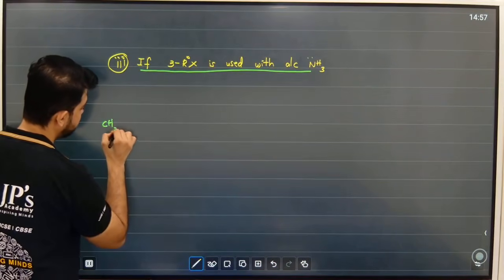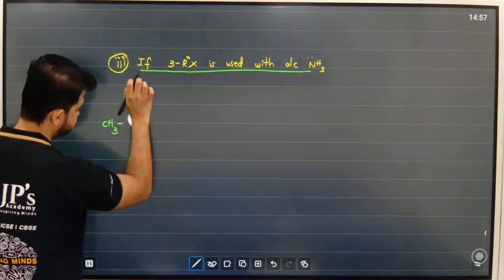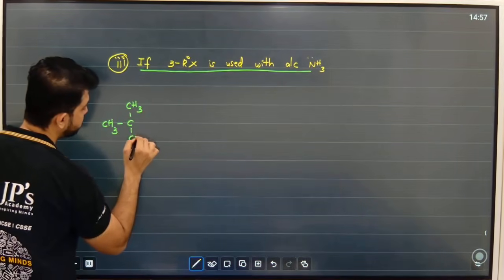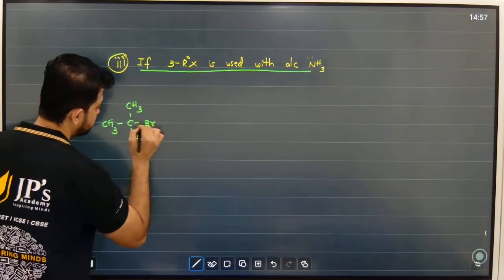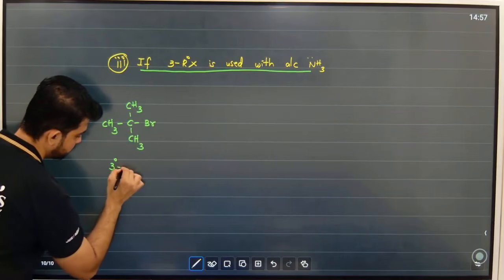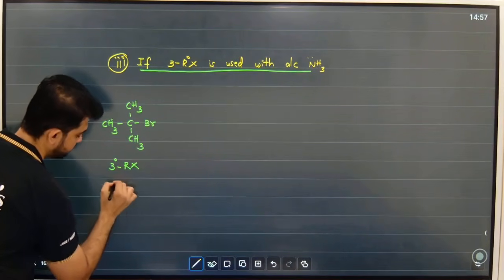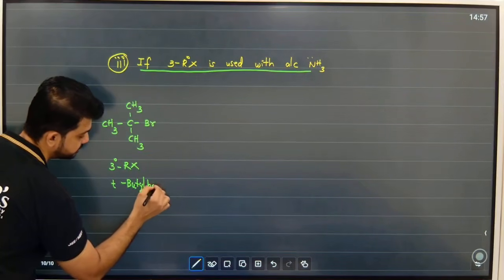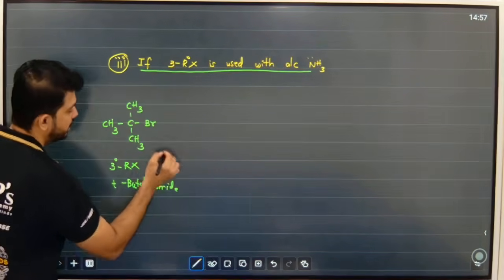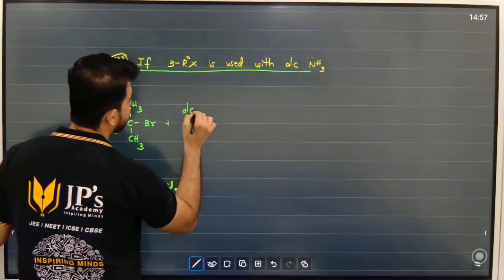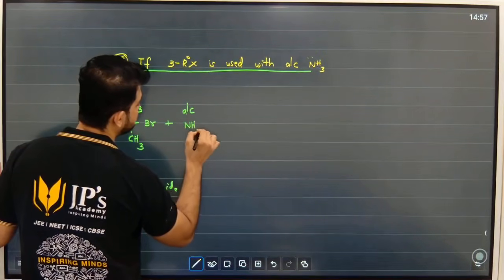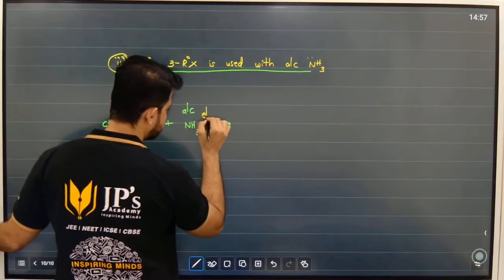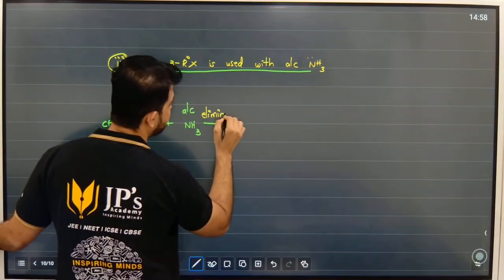So for example, let us consider that we have tertiary butyl bromide. I repeat, we have tertiary alkyl halide, which is tertiary butyl bromide. And over here, students, if we have alcoholic ammonia, then I repeat, instead of substitution, the reaction which takes place is elimination.